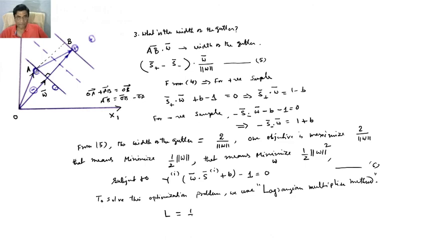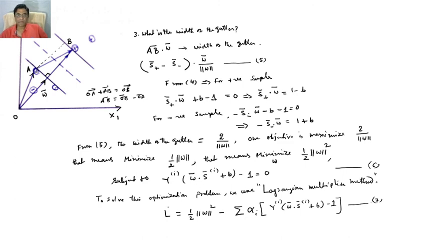This is my objective function, and I incorporate the constraint with the help of the Lagrangian multiplier alpha i, times y sub i times the expression, minus 1.